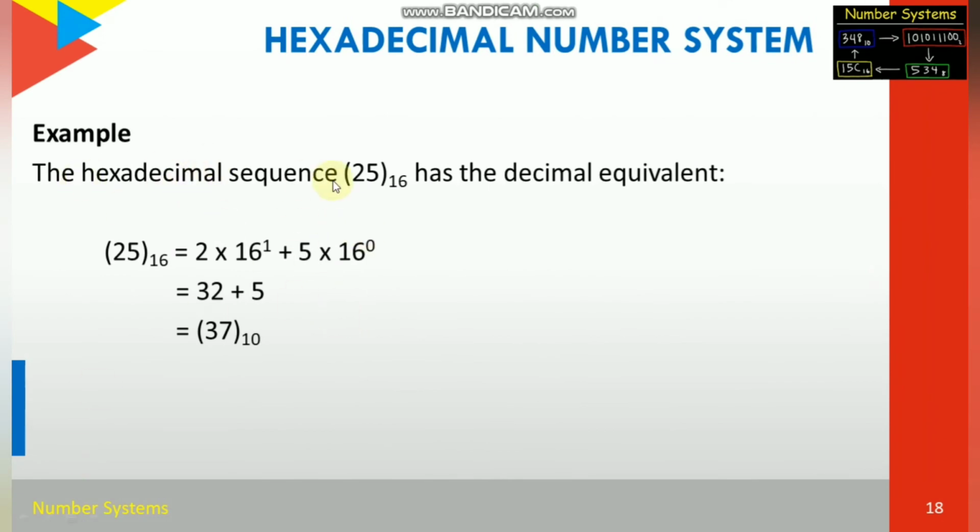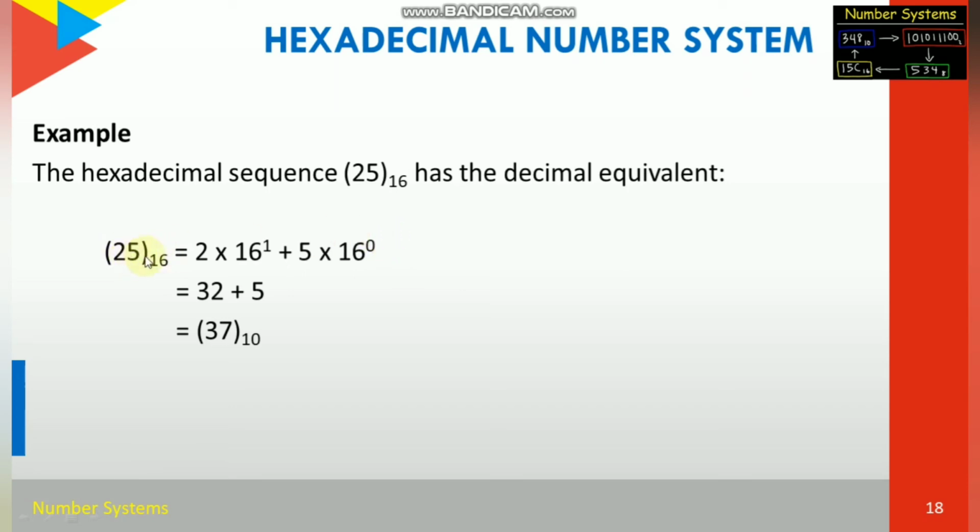The hexadecimal sequence of 25 base 16. So here the base is 16, so this is a hexadecimal number. So convert hexadecimal to decimal equivalent. Same method, so 5 into 16 power 0 plus 2 into 16 power 1.